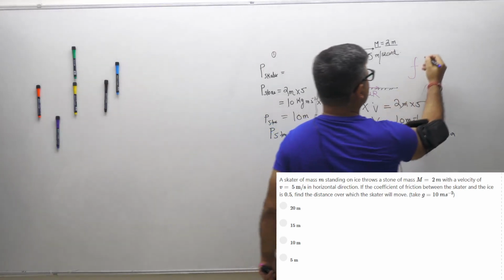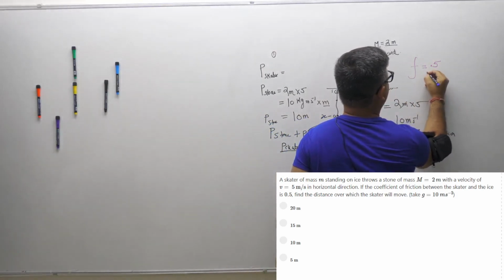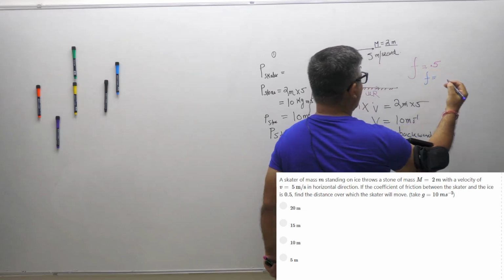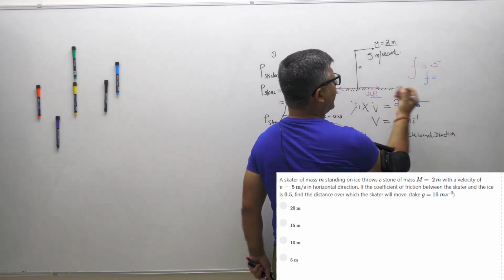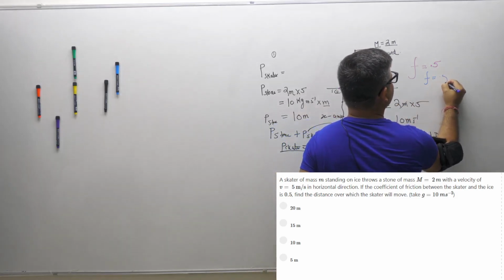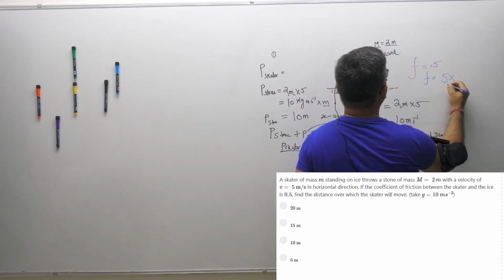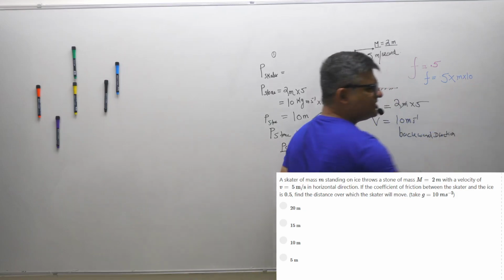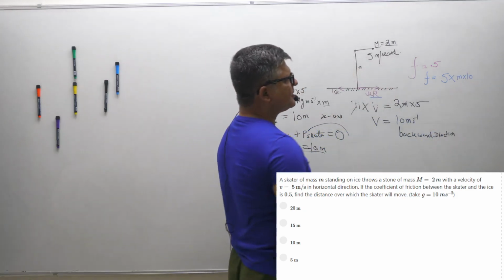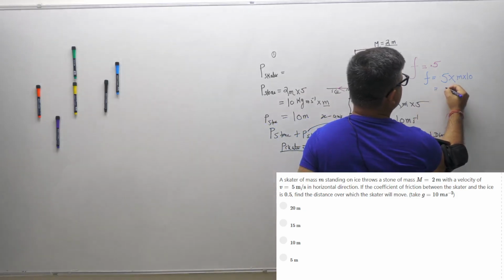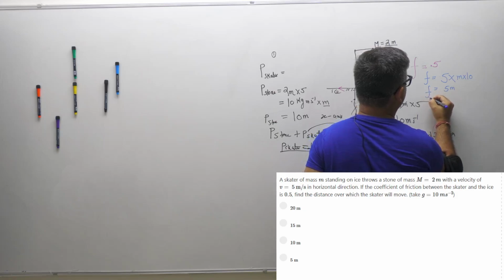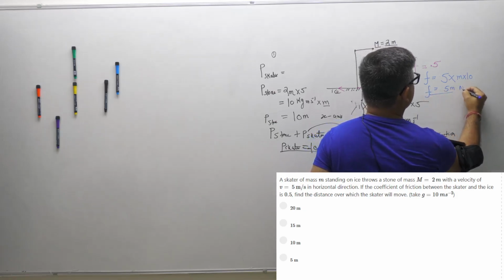So the total force of friction, F, is equal to mu N, or R, right? So 0.5 multiplied by your mass multiplied by 10. I think g is given to be 10, right? So this is your total force of friction. This is your frictional force in Newton.